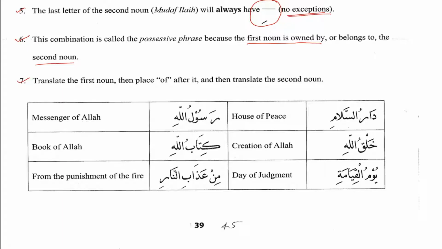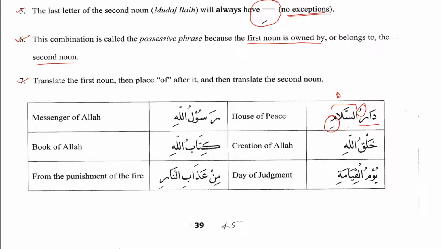The first noun is indefinite, there is no tanween on the last letter, it's just a single dhamma. The second noun, the mudaf ilaih, in this case is definite. It is generally definite, it doesn't have to be, but you can see an al attached to salam, as-salam, and it always has a kasra at the end of the last letter.